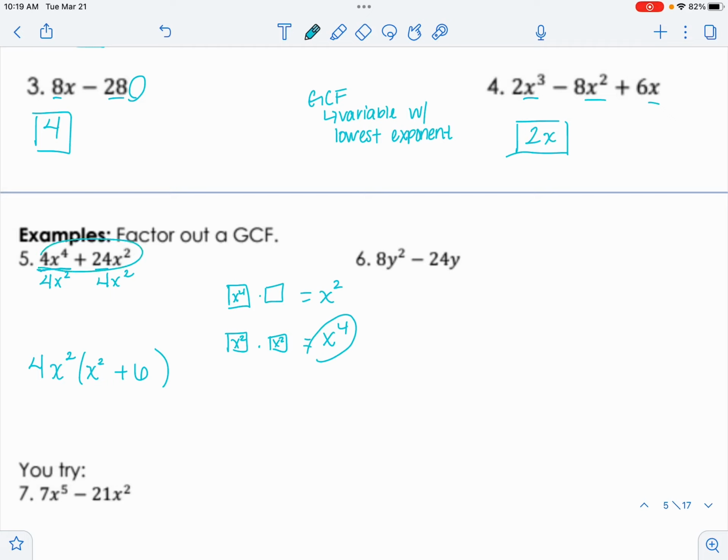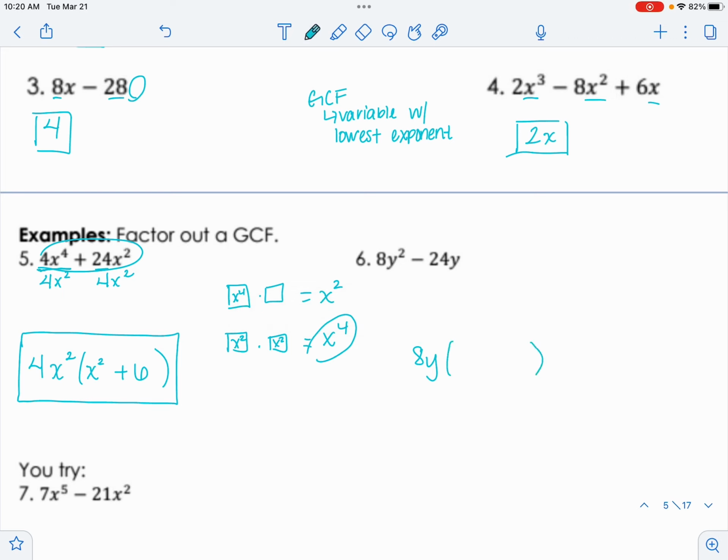Okay, so the greatest common factor between 8y squared and negative 24y is 8y. Now, if you're having trouble identifying the greatest common factor, just come and see me and I can give you some more example problems. So 8y is my greatest common factor, and the process of factoring out a greatest common factor is we divide our terms by that greatest common factor.